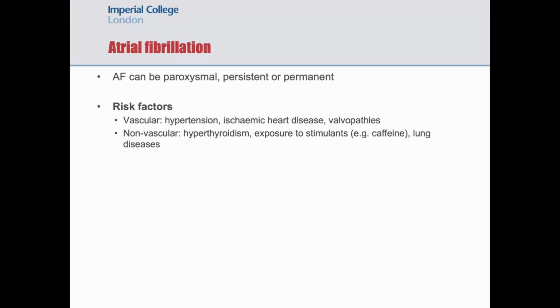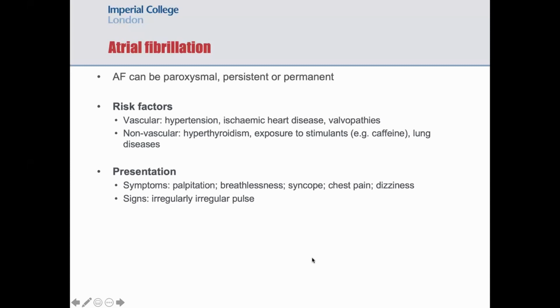Non-vascular wise, you've got hyperthyroidism. If you have too much thyroxine, that will make you go into AF, as well as tachycardia. Then exposure to stimulants, such as caffeine and cocaine. Also, lung and heart usually go hand in hand. So if you have COPD and there's a backlog pressure going back to your heart, that can contribute to you going into AF.